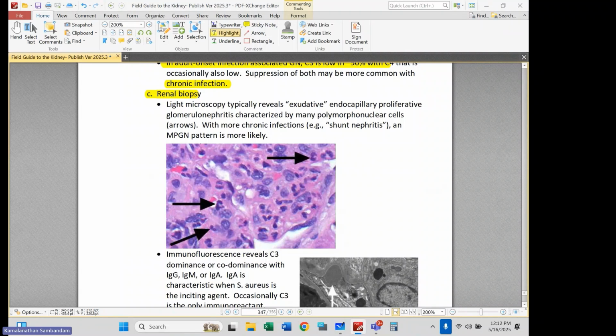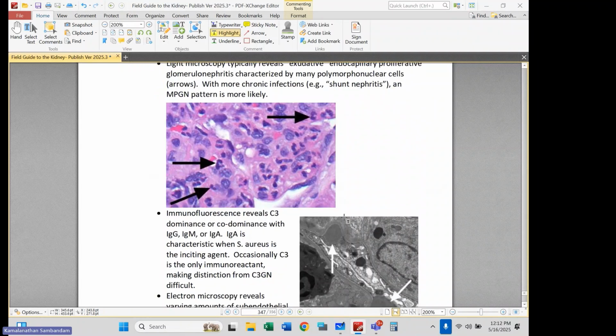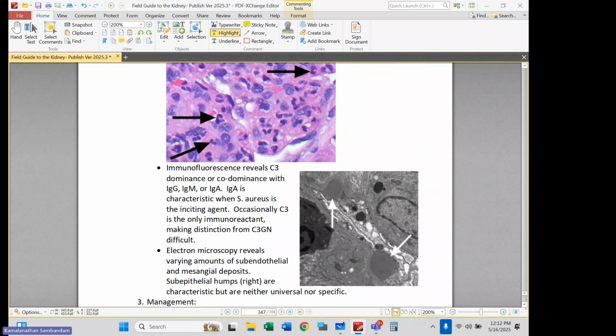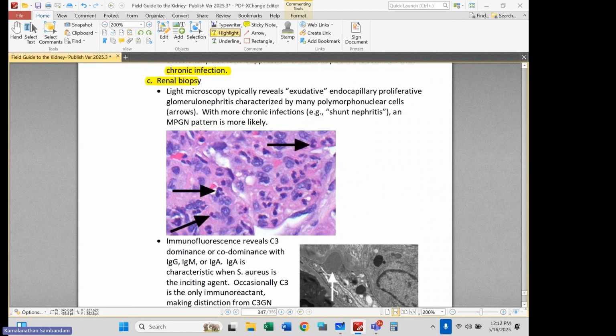Because, as we'll talk about, immunofluorescence can sometimes have only C3 present or C3 dominance, even in infection-associated GN. When I see more neutrophilic infiltrate, and I combine that with some large subepithelial deposits, then I am leaning towards infection-associated GN.